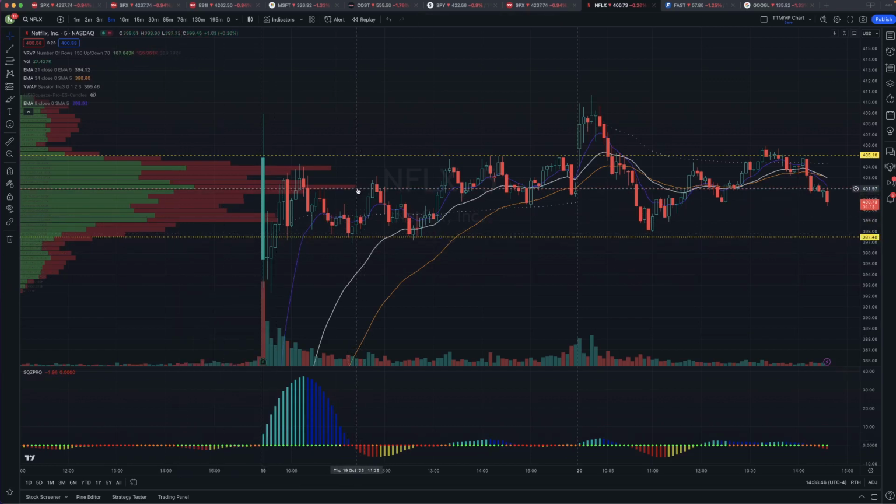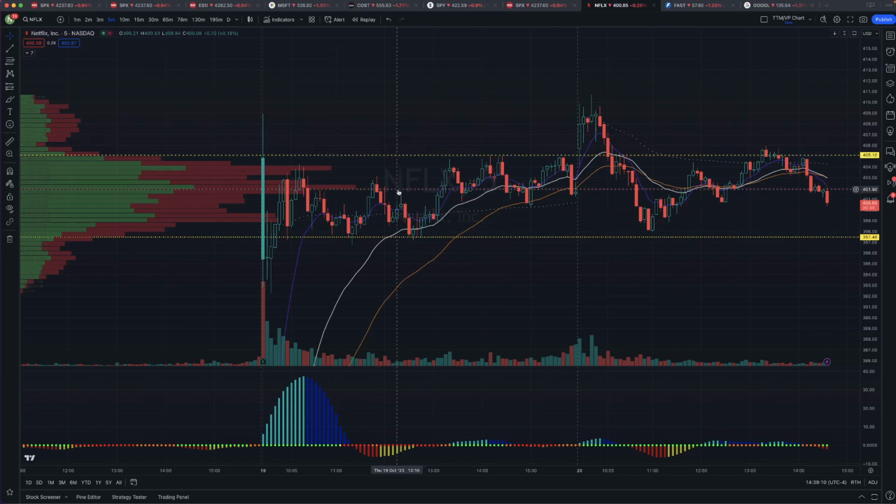And then the point of control is the largest piece of volume at that price for this volume profile node, or this value area. So your value area low is going to act as support, and your value area high is going to act as resistance.